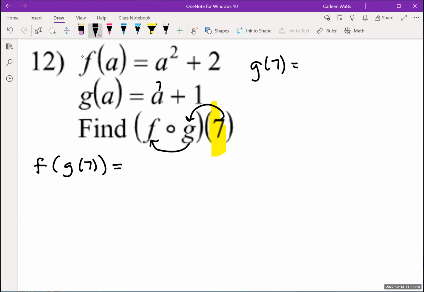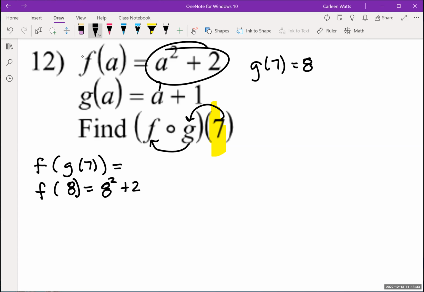Thank you. 7 plus 1 is 8. So now I need F. I take G of 7 and replace it with 8. 8 squared plus 2. 64 plus 2 is 66. Take 7, plug it into G, get an answer. Take the answer, plug it into F. Not too bad.